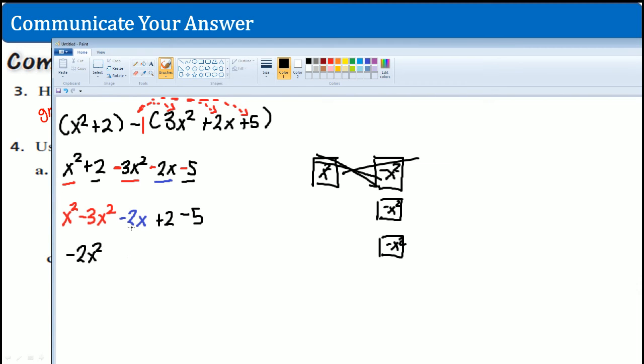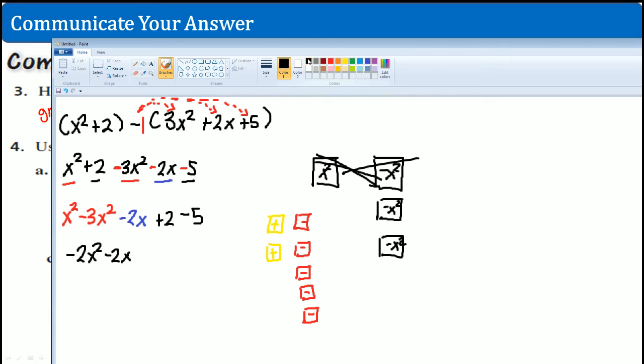Okay. Anything happen with this negative 2x? Nope. It just comes straight down. What about plus 2 and negative 5? If you would like to see that, it looks like this. Right here, you had your plus, that's the plus 2. Then you had your minus 1, minus 2, minus 3, minus 4, minus 5.